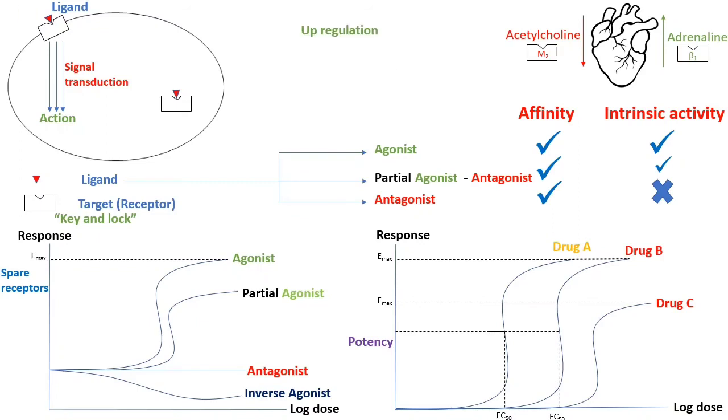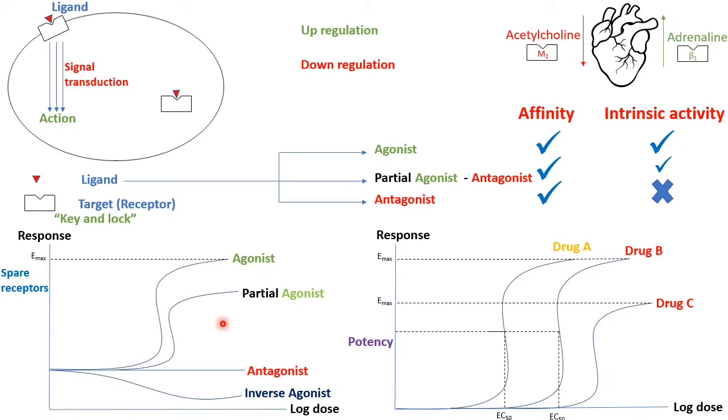But there is an exception to this rule. We have some cells that reach the maximum response or the Emax without their receptors being totally occupied. These cells reach the maximum response without full occupation of the receptor.